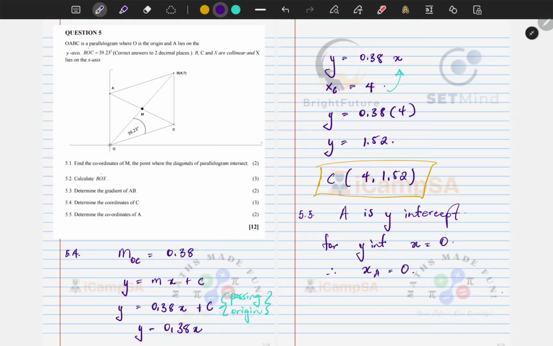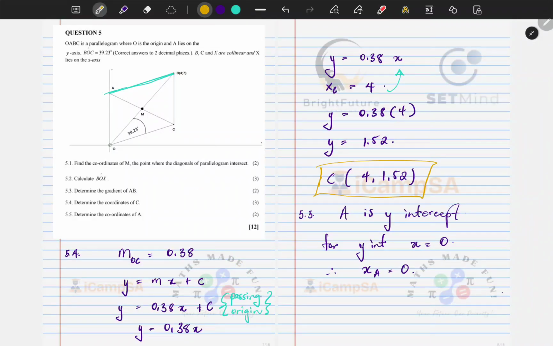So we have one value, right? Remember, we want the coordinates of A. Great. So we have a point, right? So this is what we are looking at right now. So we are looking at this line, right? Remember, what did we say?